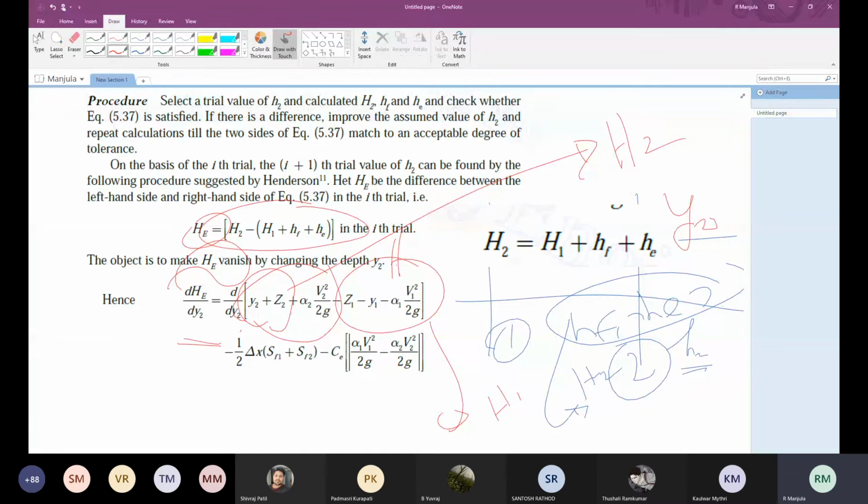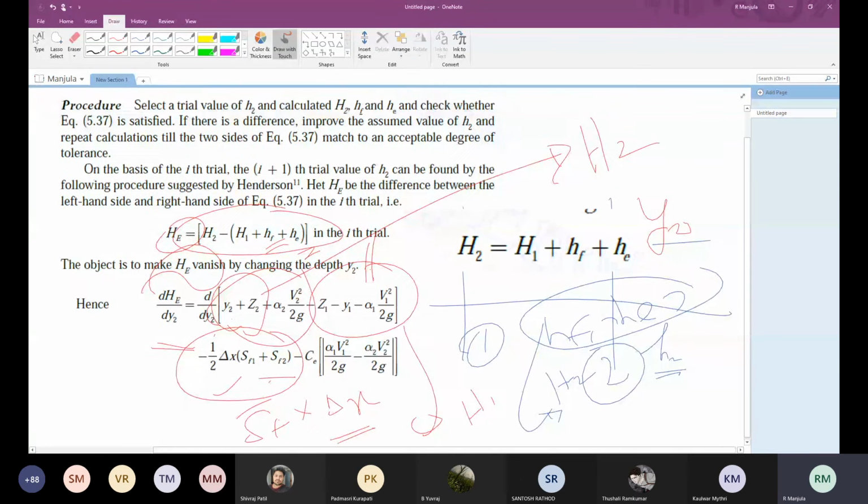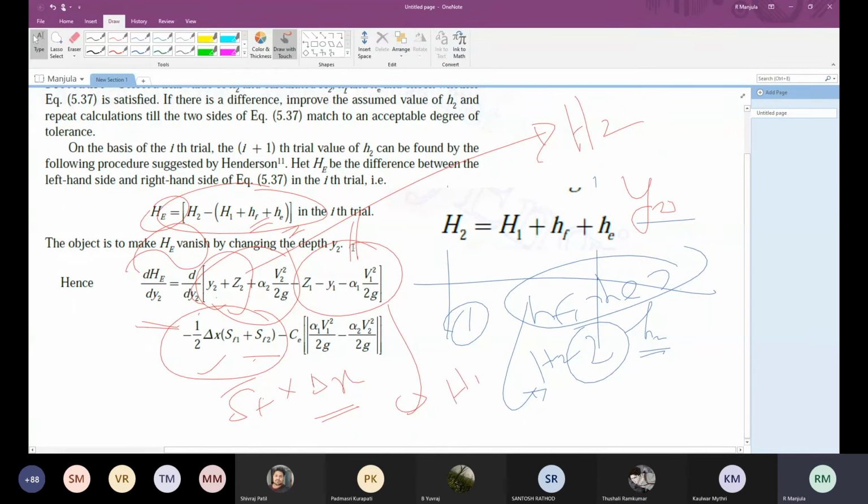Then minus HF minus HE. HF is nothing but S f bar multiplied by delta x, that is S f bar equals 1 by 2 into Sf1 plus Sf2, multiplied by delta x. And minus the eddy loss, C into alpha 1 v1 square by 2g minus alpha 2 v2 square by 2g. So what is your ultimate aim? You need to vanish your error in the ith trial.